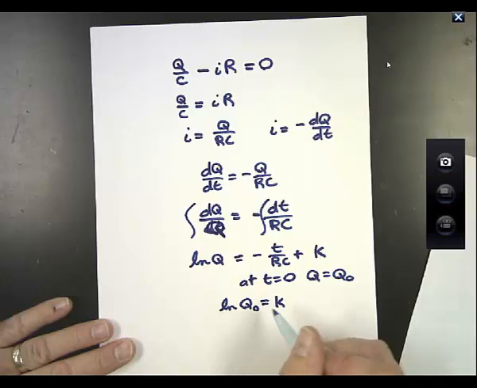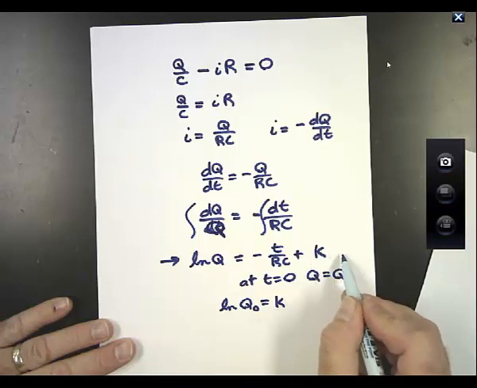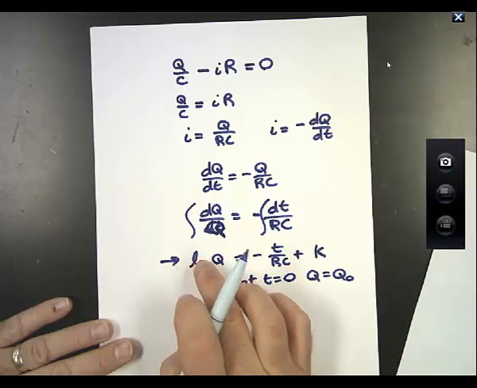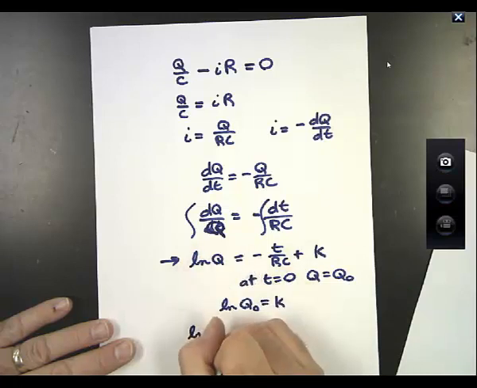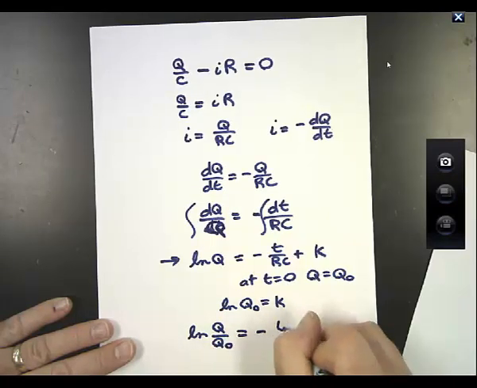Which means if I go back to my original equation and rewrite it, instead of having a k here, I'll have a natural log of q naught. But imagine I could subtract that from both sides, and knowing the properties of logarithms, I can say natural log of q over q naught is equal to negative t over RC.